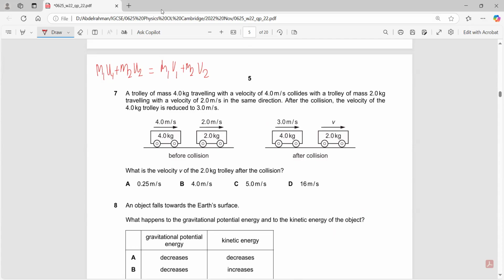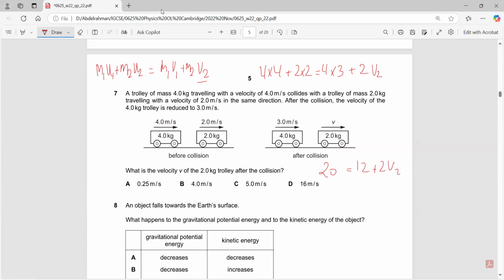The only missing number would be v2. 4 times 4 plus 2 times 2 equals 4 times 3 plus 2 times v2. Okay, 16 plus 4 is 20. And then equals 12 plus 2v2.